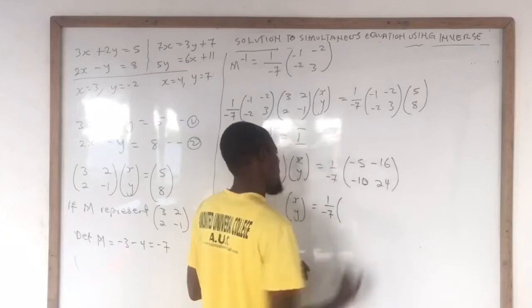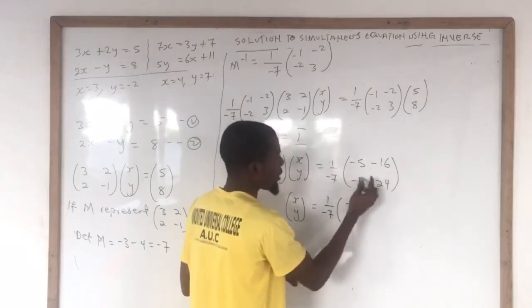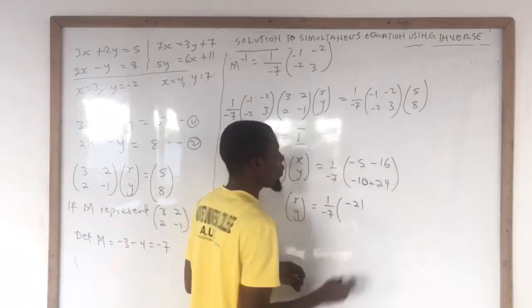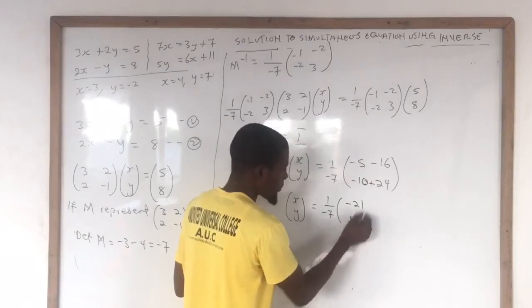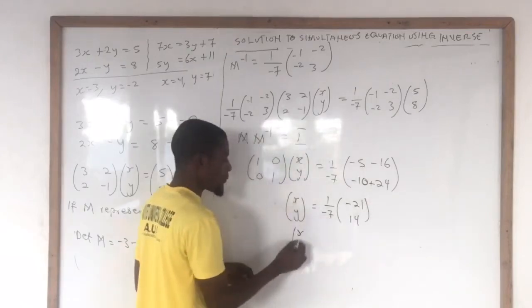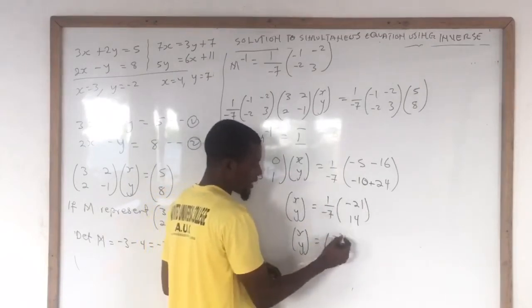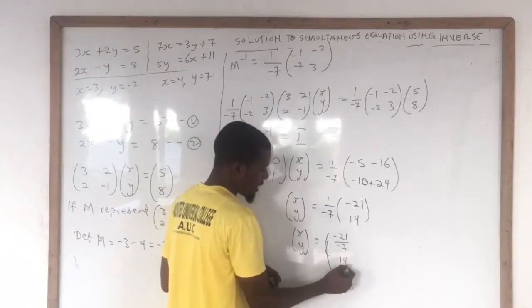-5 and then -16 is going to give me -21. Now -10 plus 24 is going to give me 14, I guess. Yeah. So at the end, my xy, when I multiply, this is the same as -21 on -7, and then 14 on -7.